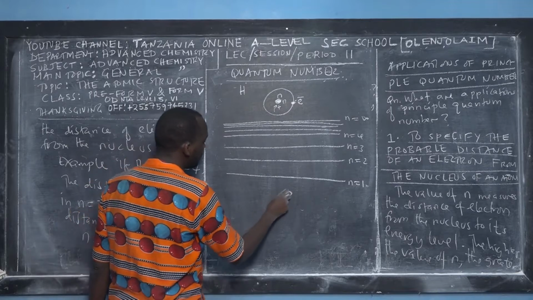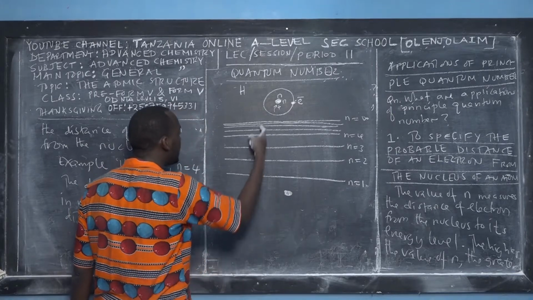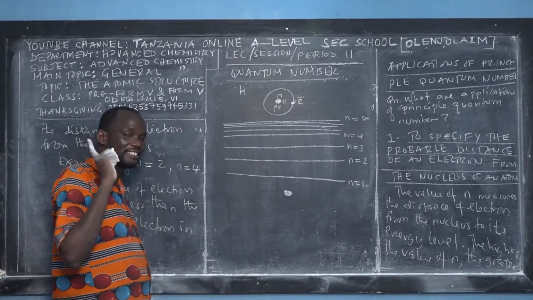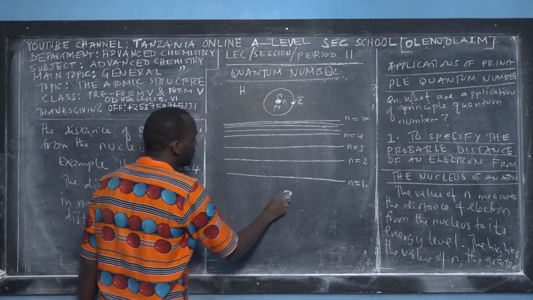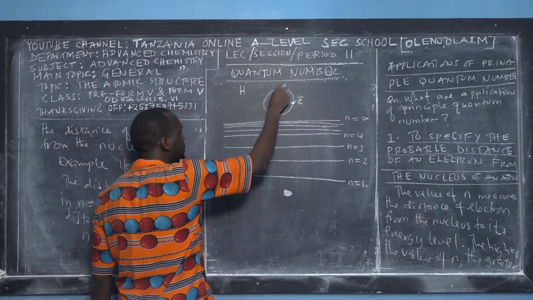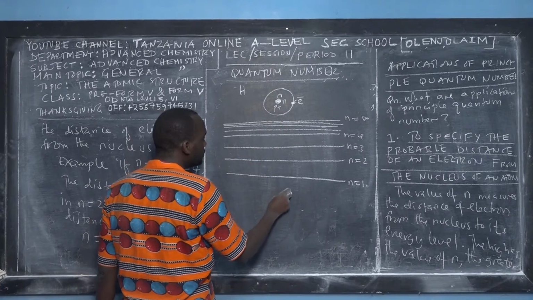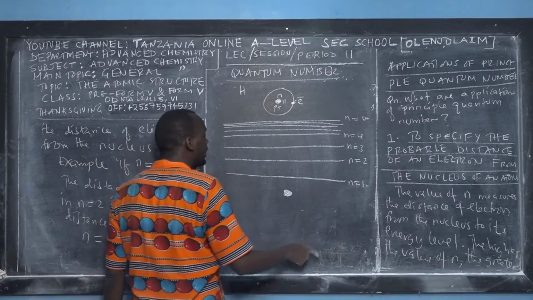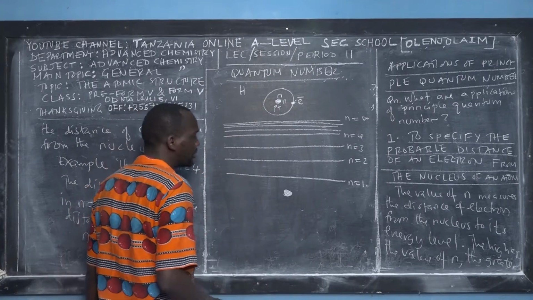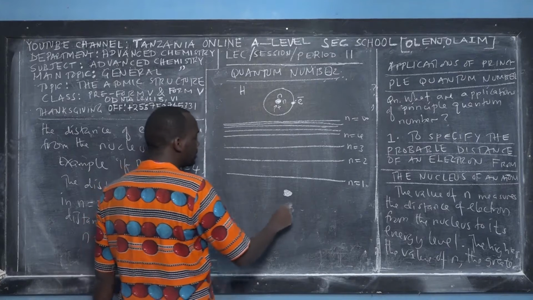This is a nucleus. Remember that these energy levels are found in one shell of an atom, right? So this is the nucleus. This ring structure, we just use straight lines for the purpose of presentation.